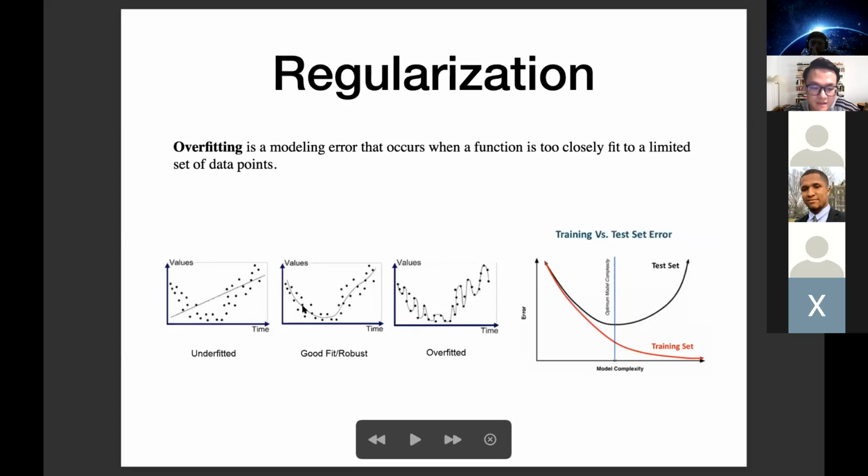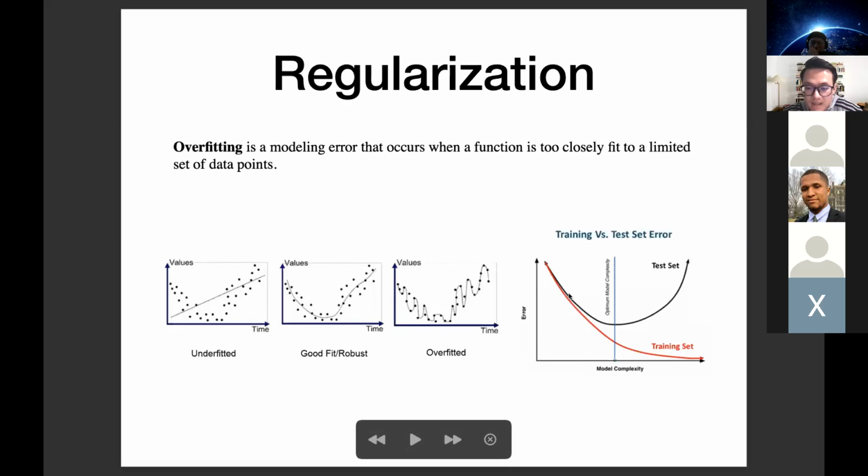In the middle figure, your model is a good fit and robust to your training data. For the right figure, it is very overfitted to your training data because your model fits each training data point. So if you have a new data point, it will not get good performance on your new data.